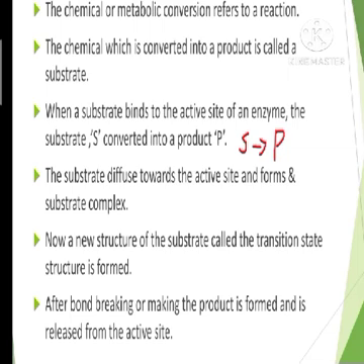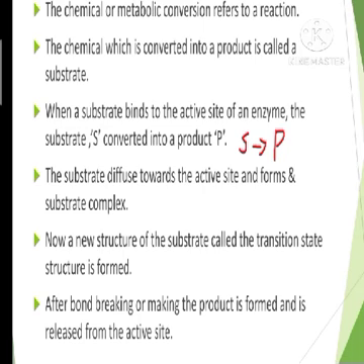So the substrate will be attaching to the active site of the enzyme. As a result, the substrate S can be converted into the product P. Symbolically, we can represent S gives rise to product P.